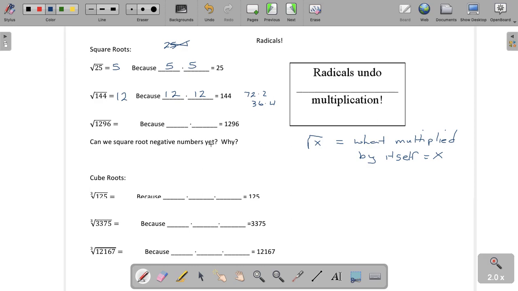Okay, 1296. I need to know what is the square root of 1296. Well, the question then becomes, what 2 numbers multiply to 1,296 that are actually equal? Okay, and it turns out that, hold on one second, please.